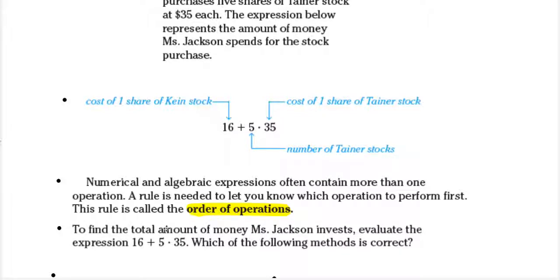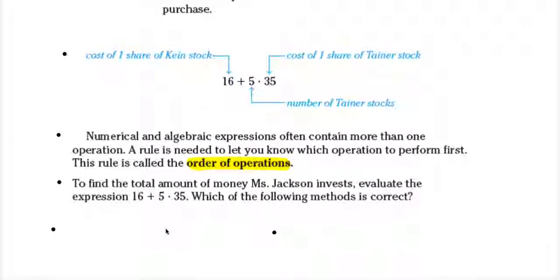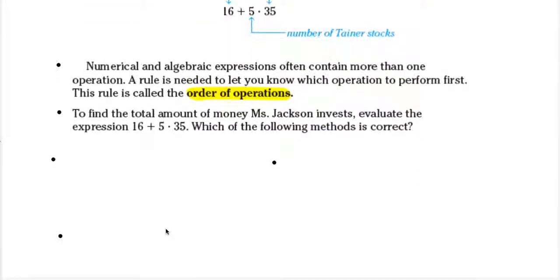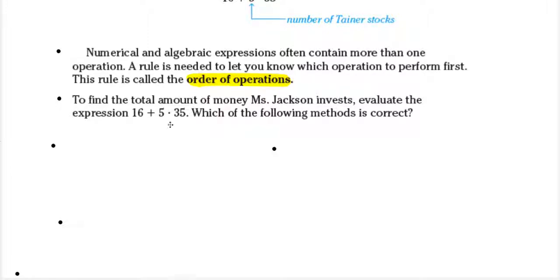To find the total amount of money Miss Jackson invests, evaluate the expression 16 plus 5 times 35. Which of the following methods is correct? Again, when we say evaluate, 2 things come to mind: substitute and simplify. Let's take a look at method 1.